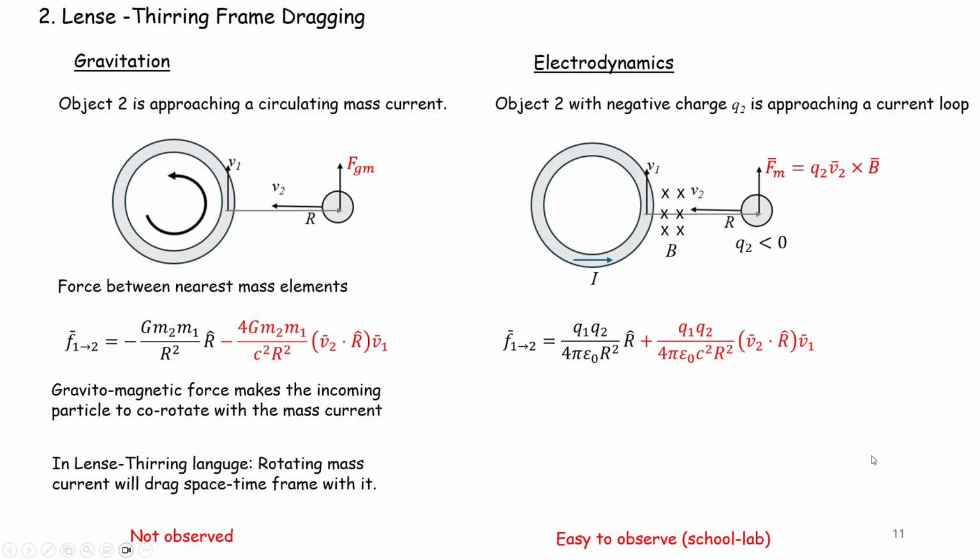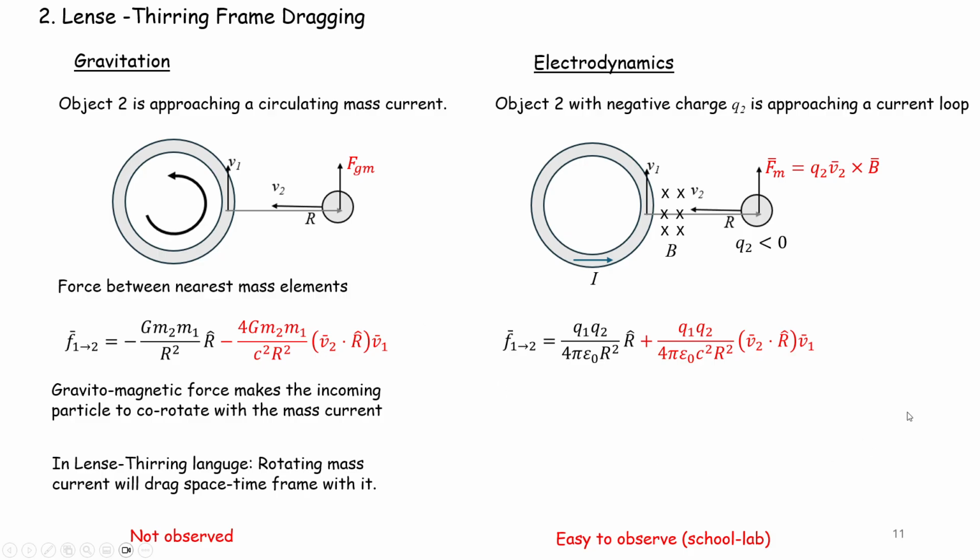So this is an eminent phenomenon to study, and then to compare it with the equivalent phenomenon in gravitation. However, we look for an experiment where this phenomenon can be observed. So that is the gravitomagnetic effect.